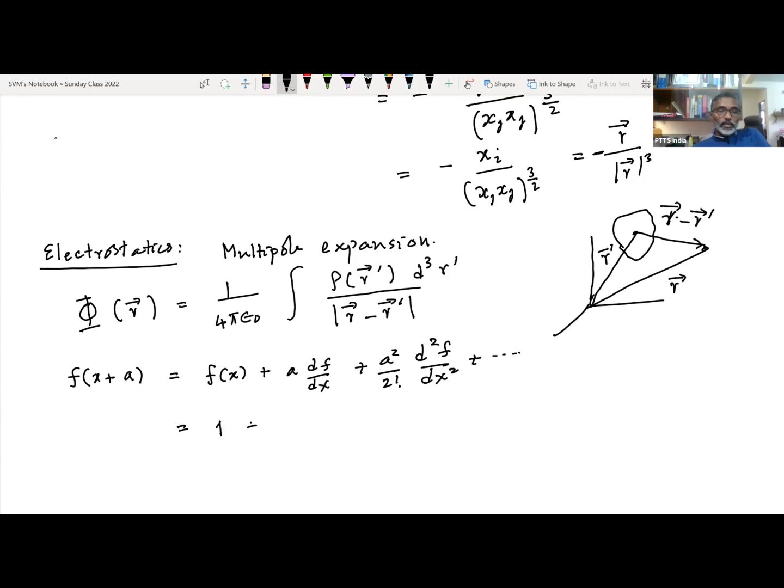This is 1 plus a d/dx plus a d/dx the whole square by factorial 2, and so on. This whole thing is like an operator operating on f of x.